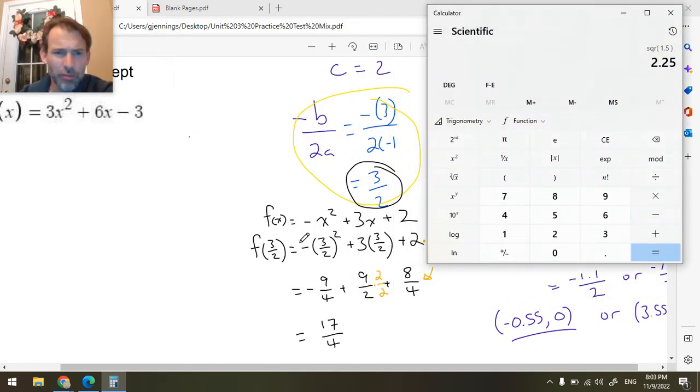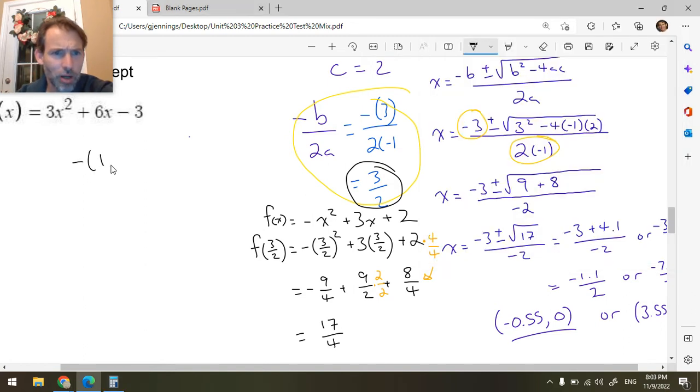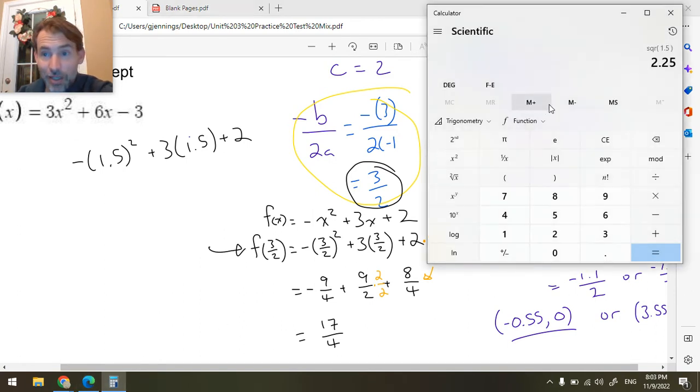So I'm going to write it out, and then I'm going to erase it because I don't do my work this way, but you'll see. 1.5 squared plus 3 times 1.5 plus 2. Now, this you just plug and chug on a calculator. That's the same thing that I have there, just instead of the fractions, I have decimals. So let's start again.